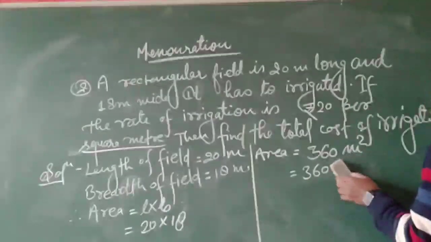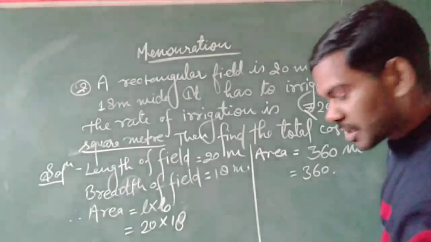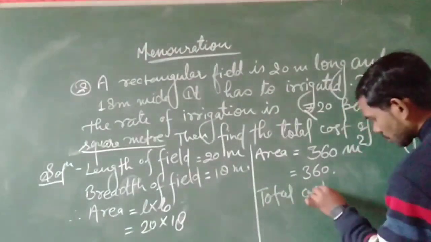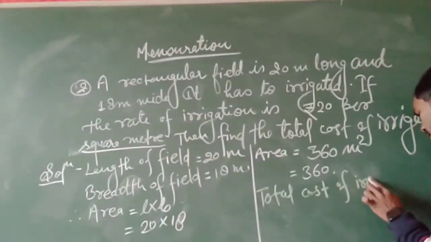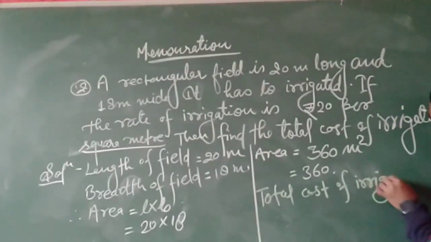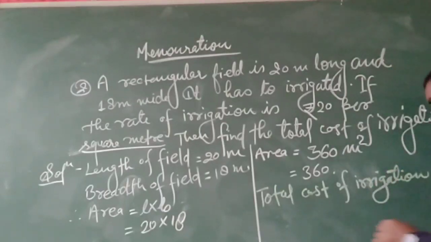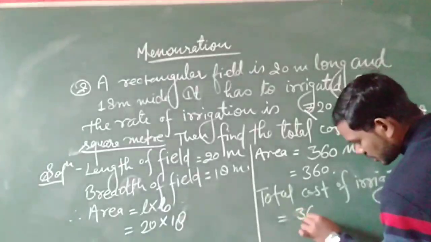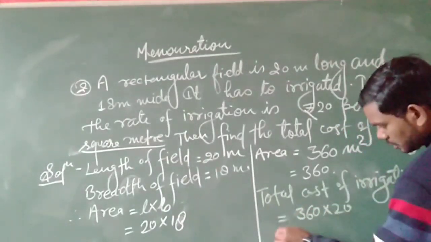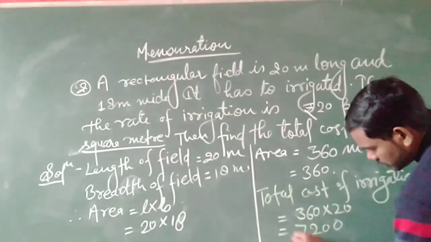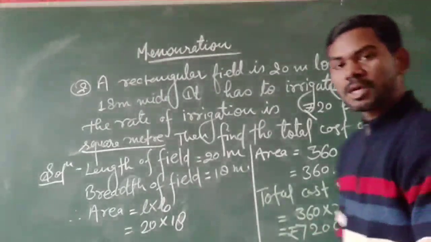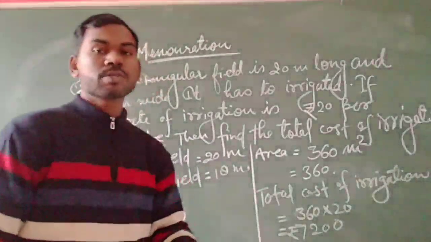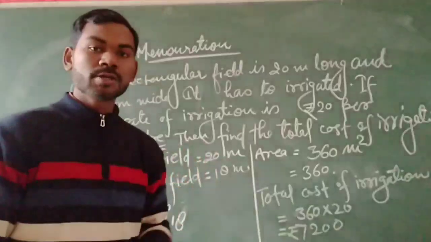Therefore, we write total cost of the irrigation as 360 multiplied by 20, which is equal to 7,200. Therefore, 7,200 will be the cost of irrigation of the rectangular field.